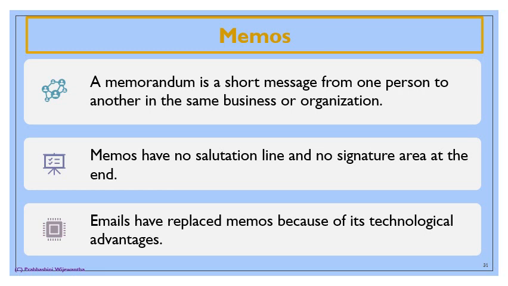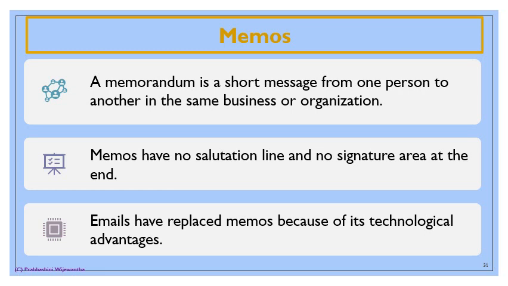A memorandum or a memo is a short message from one person to another in the same business or organization. Usually you don't write long memos. It is either one page, or one A4 sheet, or three-quarters of an A4 sheet.